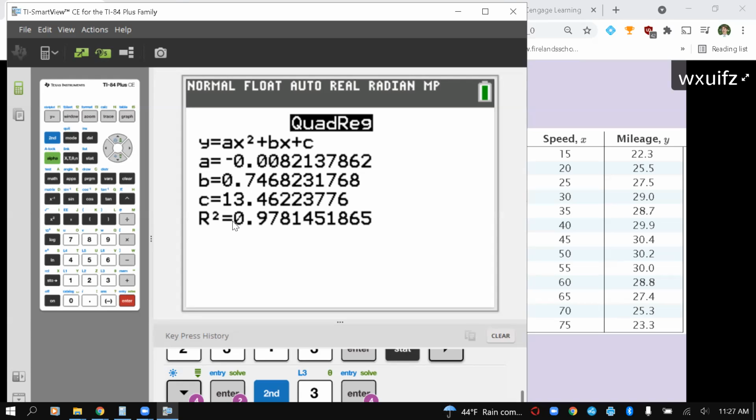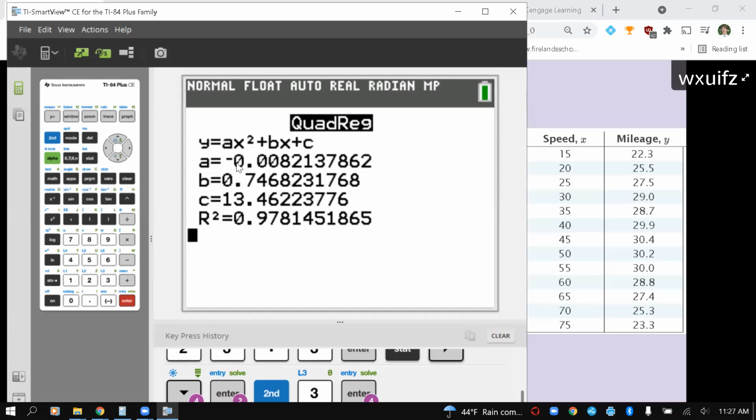Okay, what does the R squared value tell us? This is a good question. Think back to August. R squared tells you how well this fits the line of best fit.